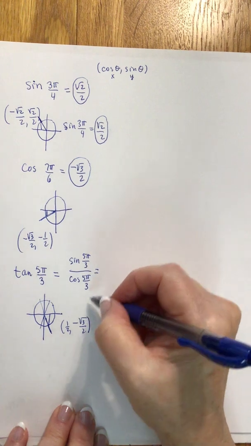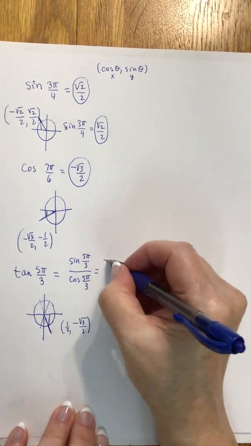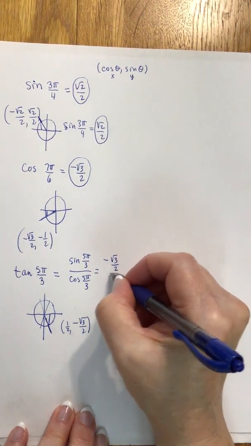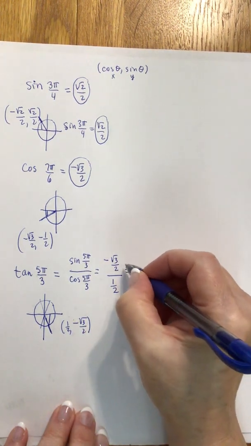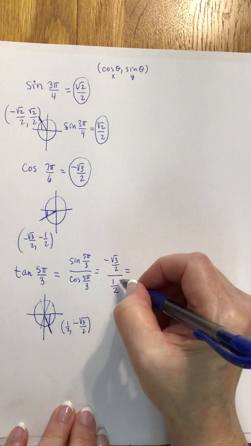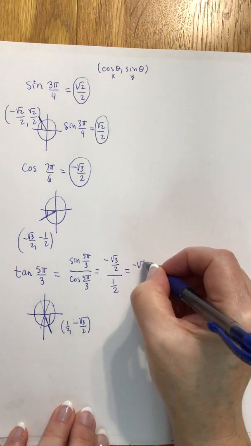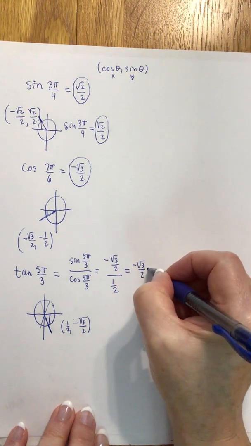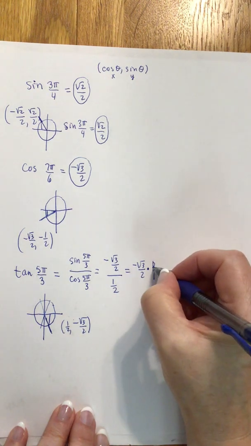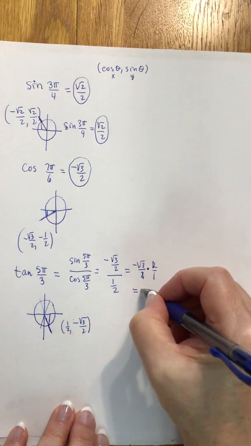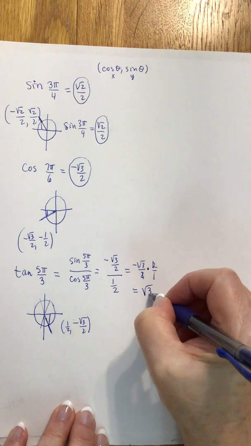We know sine is the y value, so I get negative square root of 3 over 2 divided by 1/2. So this is division of a fraction, so I'm going to take negative square root of 3 over 2 times the reciprocal, which is 2 over 1. So the 2's cancel, and I get an answer of negative square root of 3.